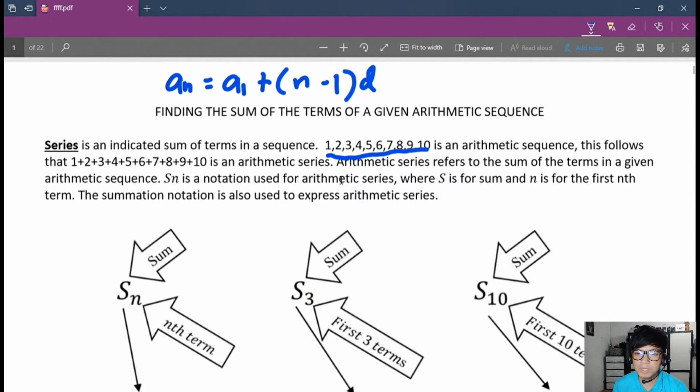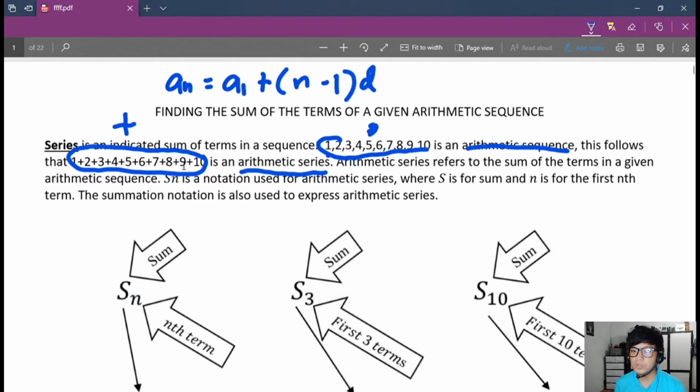So the difference between the two: in an arithmetic sequence, terms are separated by commas, while in an arithmetic series, terms are separated by the plus sign, because this is finding the sum.